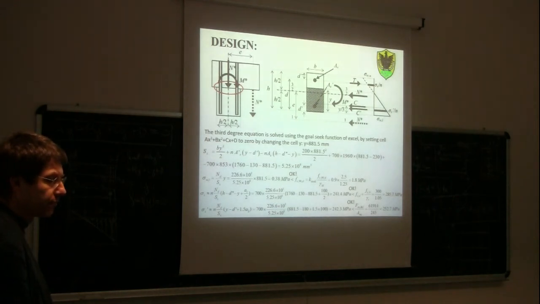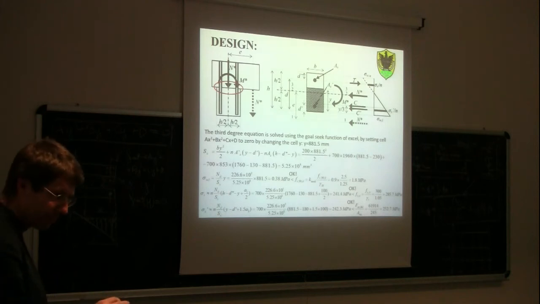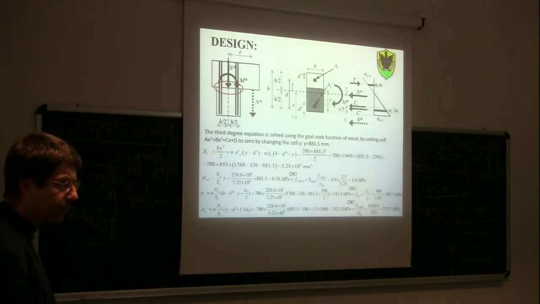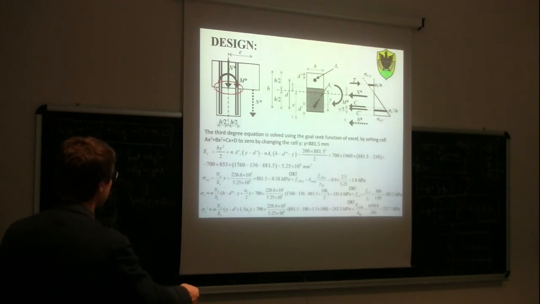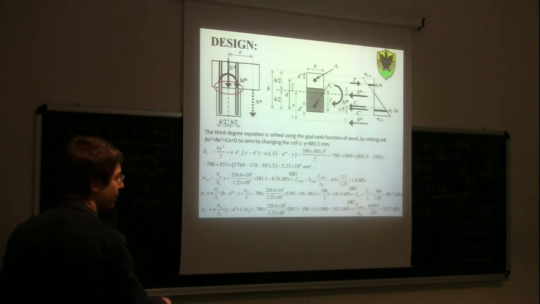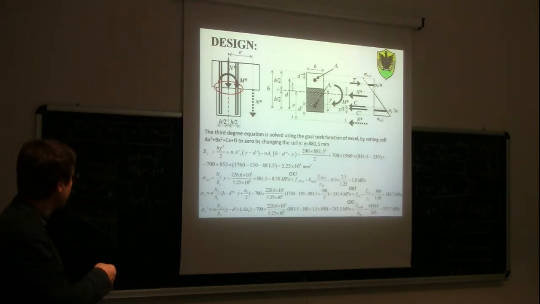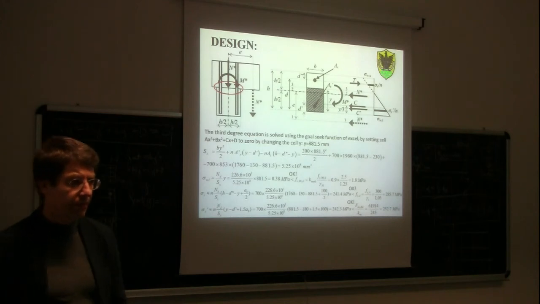The second, is it going to occur as a failure for yielding of the tensile rods, or a failure for compression perpendicular to the grain here on the beam? Perpendicular to the grain.